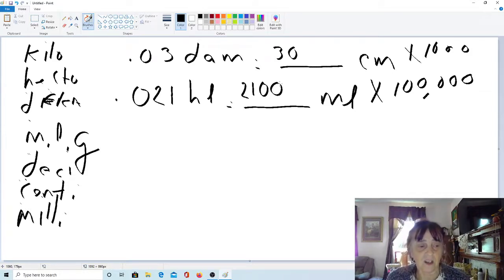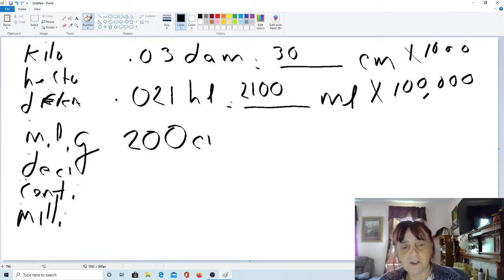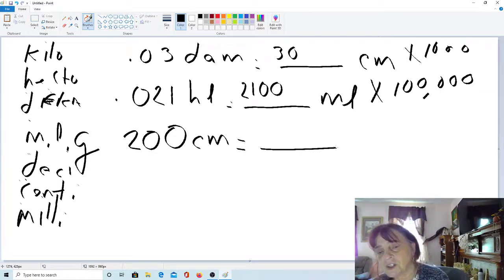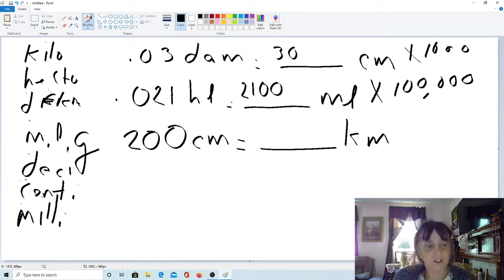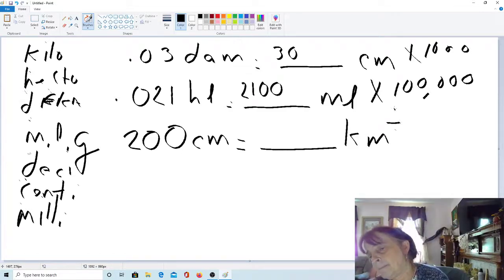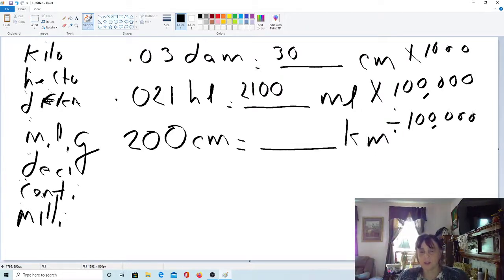And let's say I have 200 centimeters. I want to change it to kilometers. To go from centimeters to kilometers, divide by 10, 100, 1,000, 10,000, 100,000. You go up the ladder, so you have to divide.